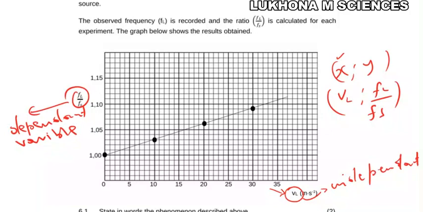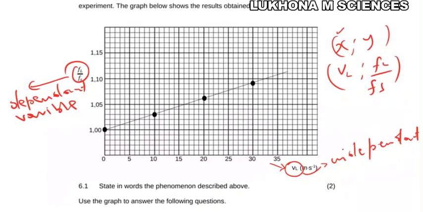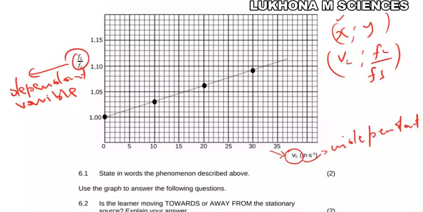They say state the phenomenon. This is the Doppler effect, because there is a change in frequency observed by the listener, because the listener and the sound source have different velocities relative to the sound propagation. When they say state, you mention and state it.